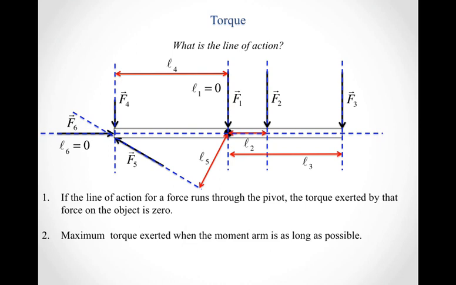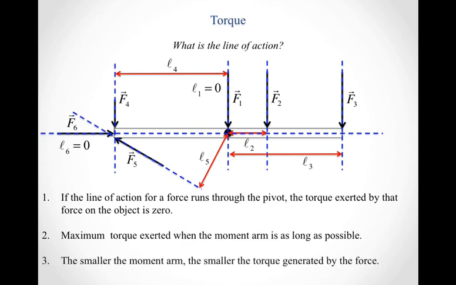And so again, how do you make that moment arm as long as possible? You want your line of action to be perpendicular to your object. 3, the smaller you make the moment arm, the smaller the torque generated by the force. So again, as you rotate your force around, what you're doing is changing its moment arm, and the smaller you make that moment arm, the smaller the torque generated by that force.